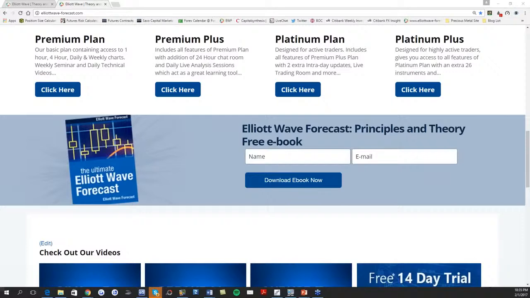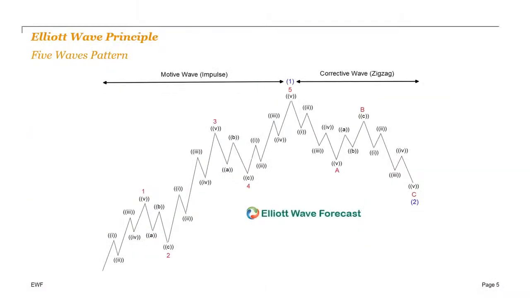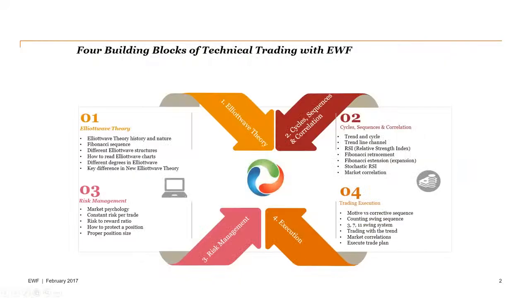Like I said, knowing Elliott Wave is just one component of a comprehensive trading system. Besides Elliott Wave, you need to understand three other aspects: the risk management aspect, the execution aspect, and the cycle sequence correlation aspect. These are the basic building blocks. Elliott Wave alone is not enough for you to trade.